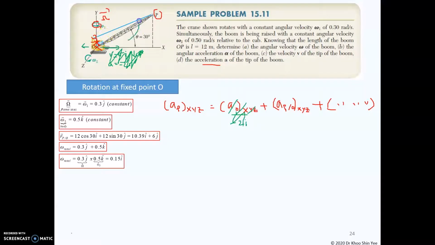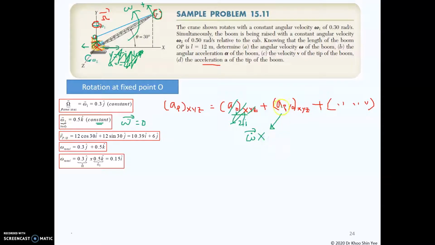Since the boom here is rotated with omega, when you observe the movement of point P with respect to point O, you see the object move tangentially in this direction. The acceleration in this tangential direction is equal to the angular acceleration of the body, which is equal to 0 due to the constant angular velocity of the body.